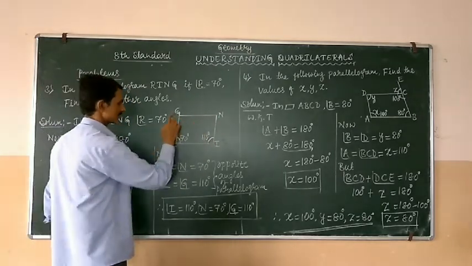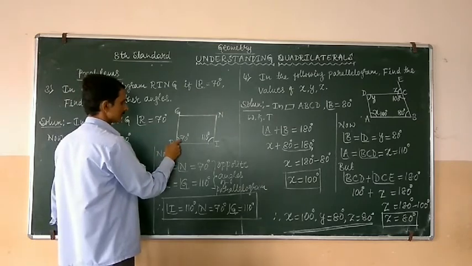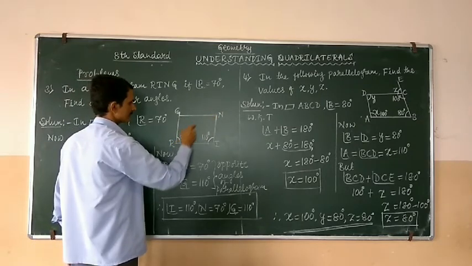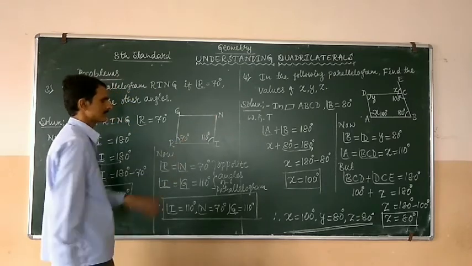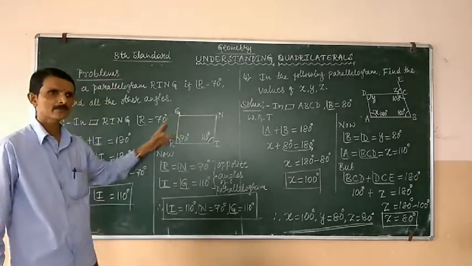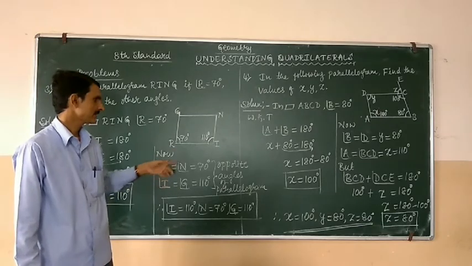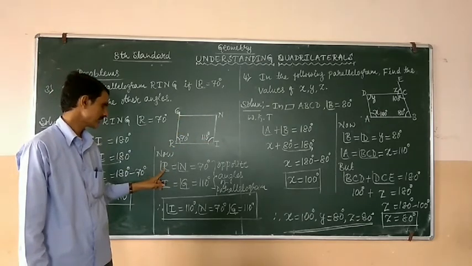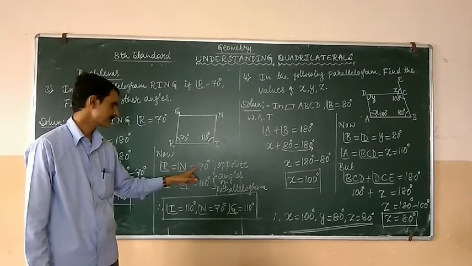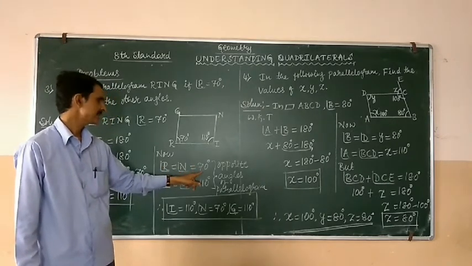Now angle R and angle N are equal because they are opposite angles, and I and G are opposite angles. Therefore angle R equals angle N, which is equal to 70 degrees.